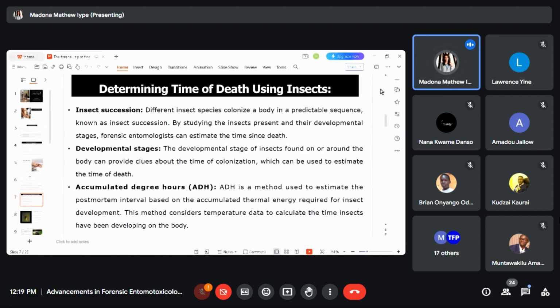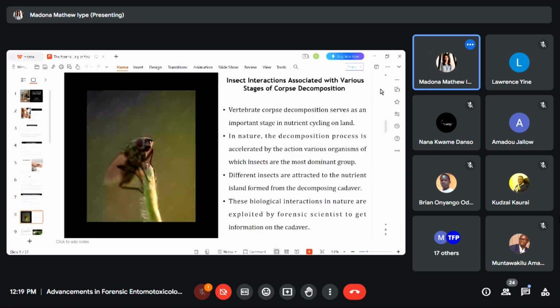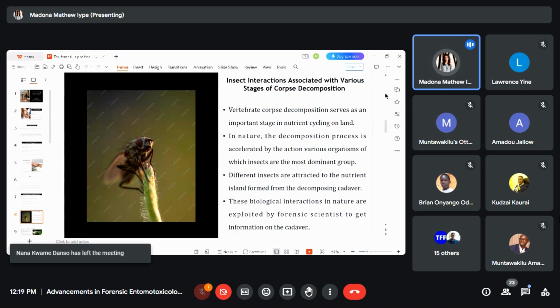Next, let's see quickly what exactly forensic entomology is in a little detail, along with the stages of decomposition. So, insect interactions associated with various stages of corpse decomposition. Why do these insects come and infest the corpse? What are their requirements?